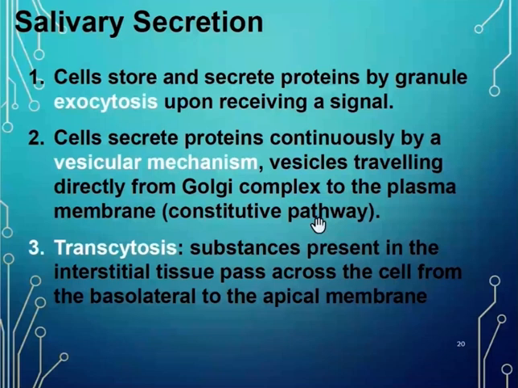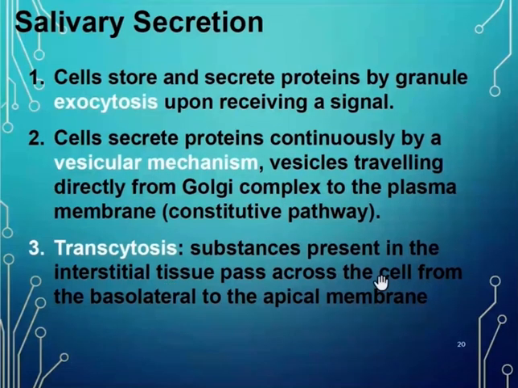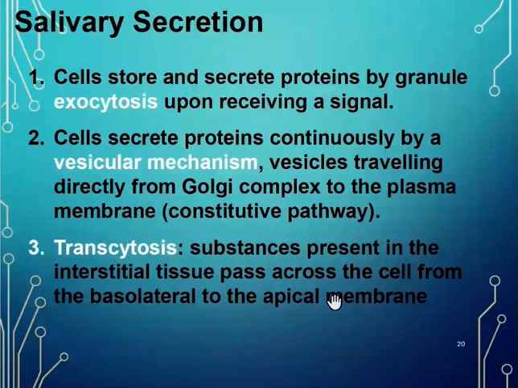Now we'll see what the interstitial tissue is. It is the tissue surrounding each type of acini. We have transcytosis, for example, for the immunoglobulins IgA and IgG, which are secreted from the interstitial tissue to the basolateral surface of the membrane, and this is called transcytosis.